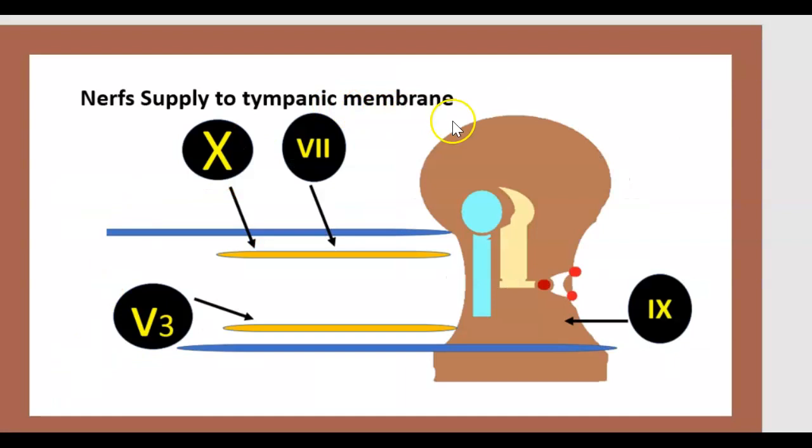Nerve supply to the tympanic membrane. The outer part of the membrane is supplied by the auriculotemporal nerve, a branch of the mandibular nerve, a division of the trigeminal nerve. It supplies the tympanic membrane from outside.